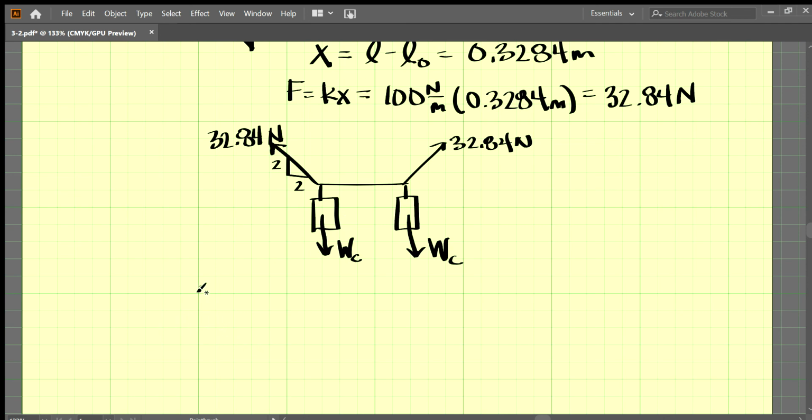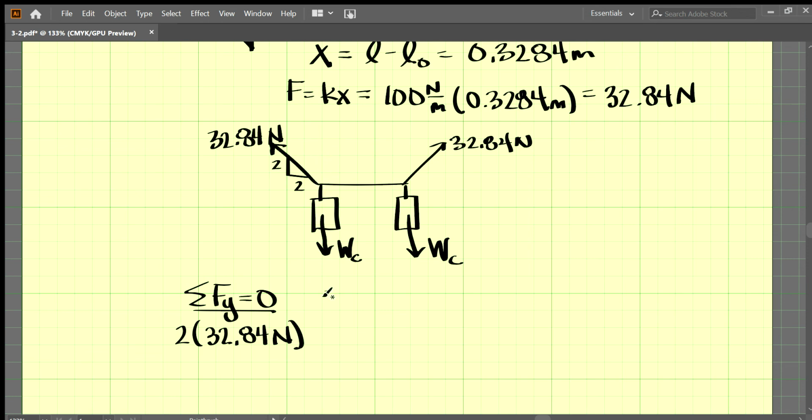Let's take the sum of the forces in the y direction, since this is an equilibrium in the stretch position, and write out the equation. We have two total springs, and then the spring force, 32.84 newtons, but it's not the full 32.84 newtons acting in the y direction.